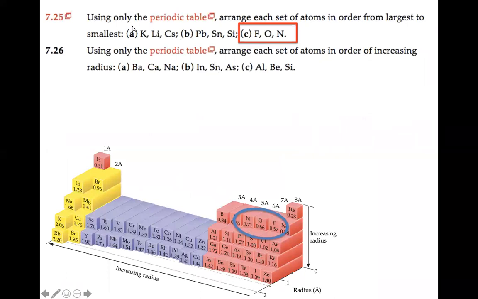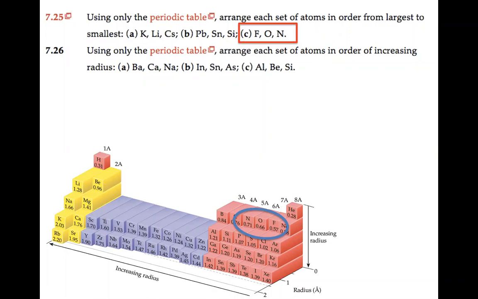So if I were to look at these questions like 7.25, it asks, okay, arrange these different groupings based on the periodic table. So look at this grouping right here with fluorine, oxygen, and nitrogen. I see that nitrogen is the largest and it's getting smaller as I move towards fluorine. So let's see if we can explain that.